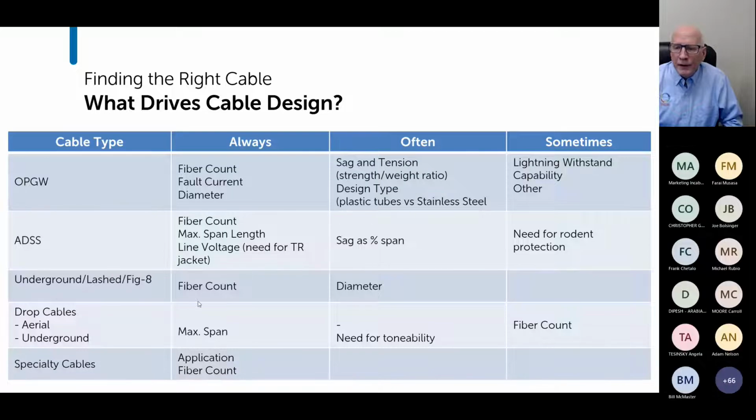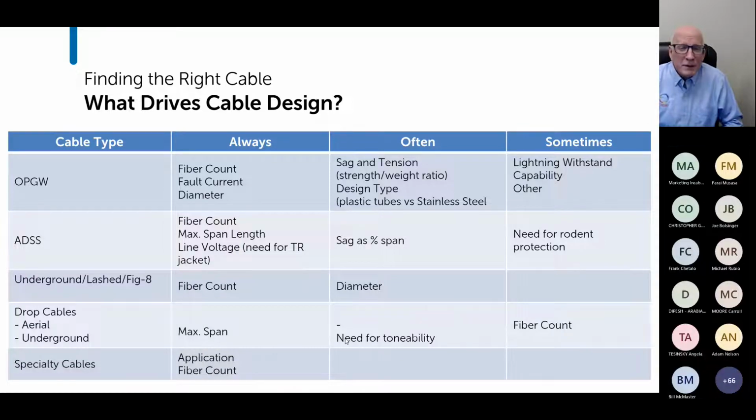Underground lashed or figure eight, your fiber count is usually the only thing that comes into play, but sometimes the diameter, because if going underground, the size of the conduit could be an issue, and so diameter becomes important. Drop cables, if it's an aerial cable, the max span is an issue. If it's underground cable, do you need tonability?